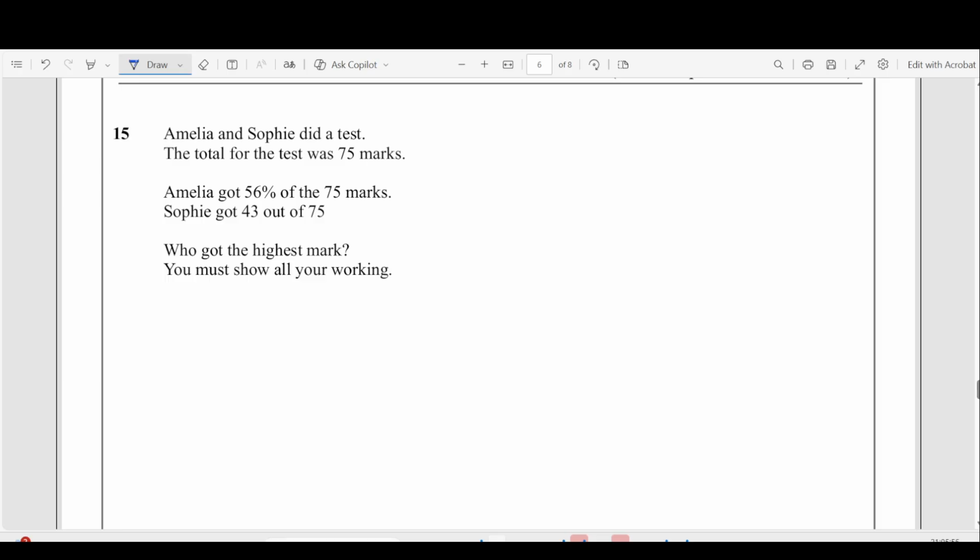Okay, try it. So first we calculate Amelia's marks. To find Amelia's mark, we need to calculate 56% of 75, right? Which is 56 over 100 times 75. If we divide 56 by 100, we get 0.56 because there are two zeros, so after two digits we put the decimal.